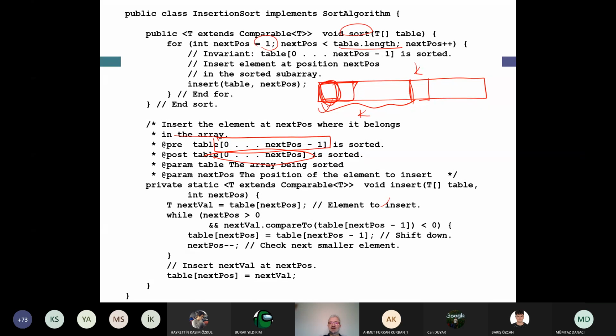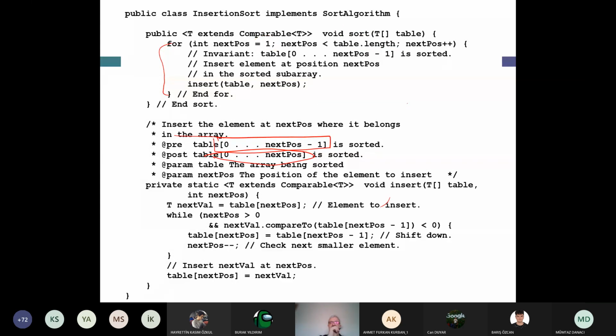After the kth iteration, these k plus 1 elements will be sorted, right? Because of this, after n minus 1 iterations of this insert operation, the whole array will be sorted, right?